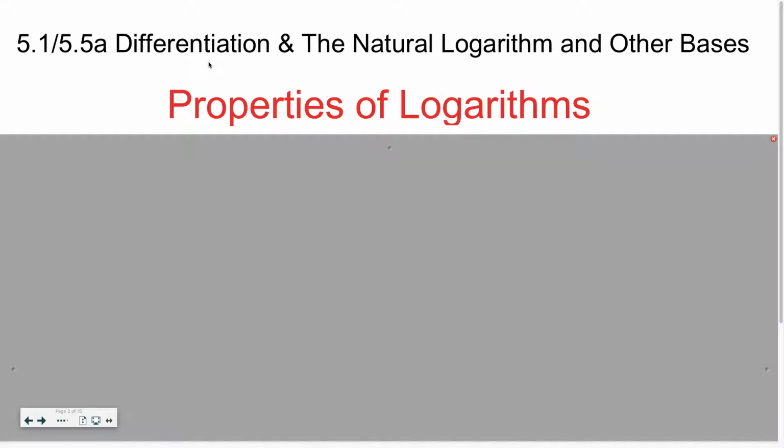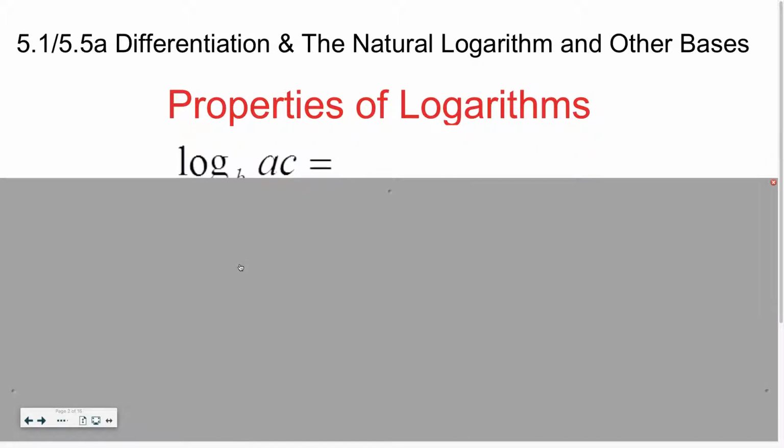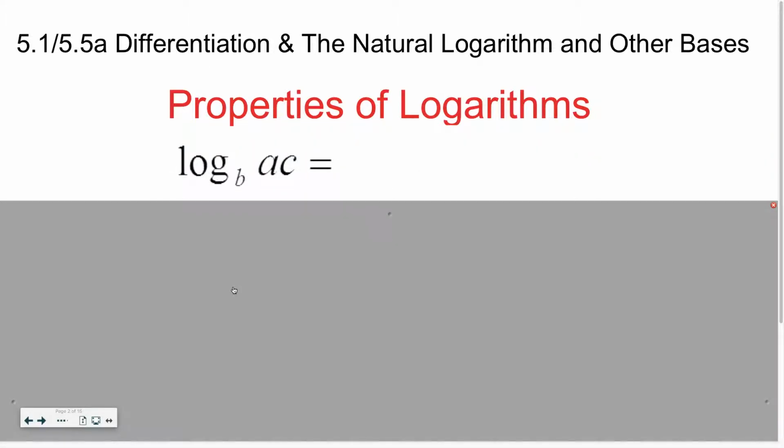First of all, though, we need to remember our properties of logarithms because those are going to help us when we're actually doing the differentiation of logarithmic equations. Do you remember what happens if we are multiplying inside of our logarithm?